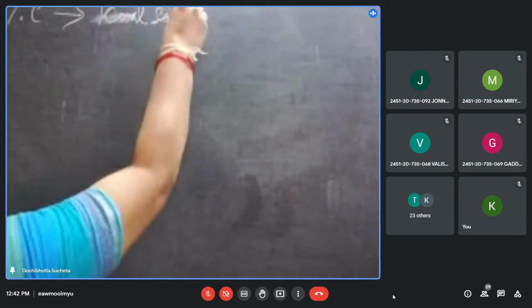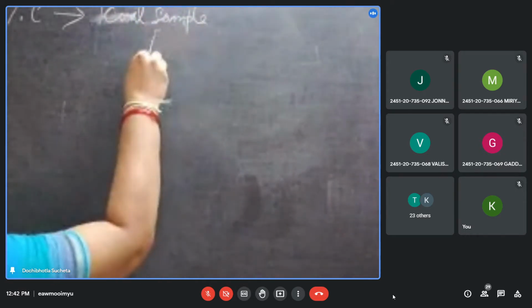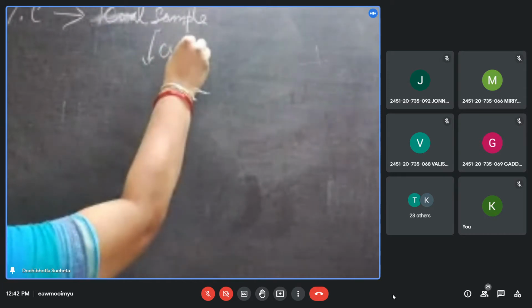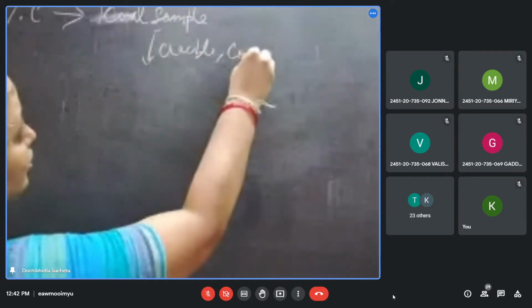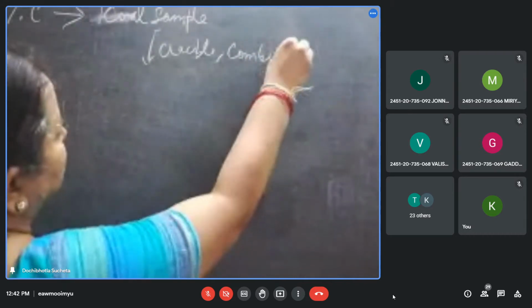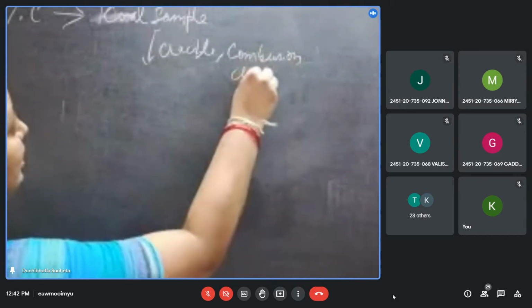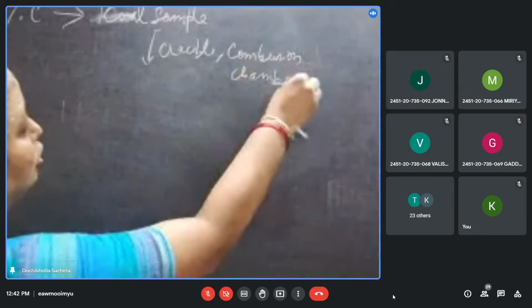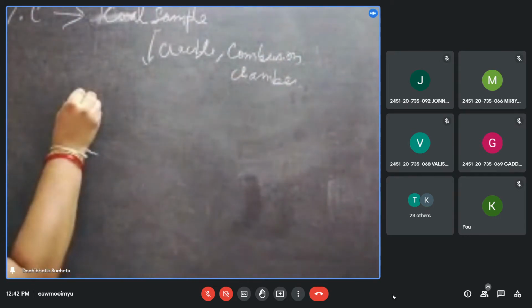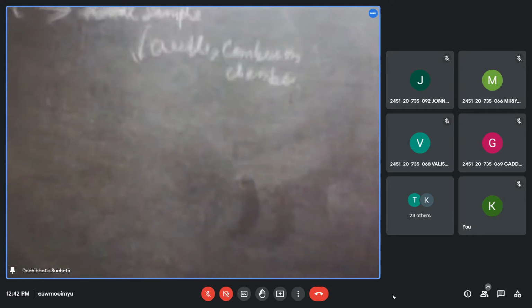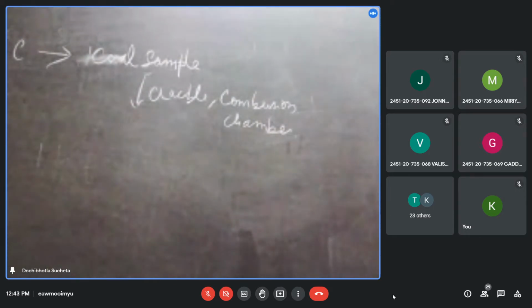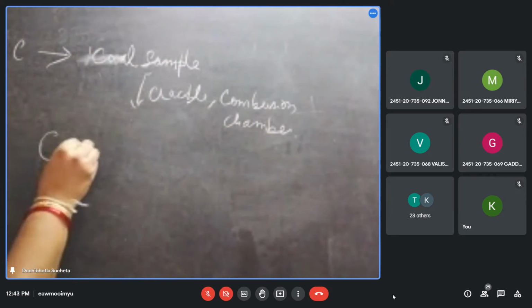Then I've taken that in a crucible and put that in a combustion chamber. What is happening? I'm just burning that coal sample. Because I'm talking about carbon, carbon reacts with oxygen to form carbon dioxide.